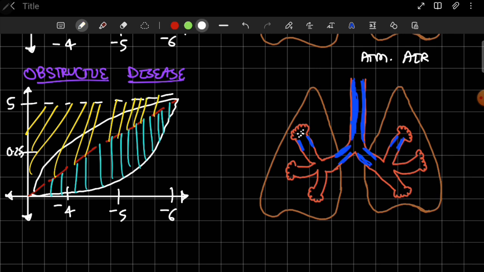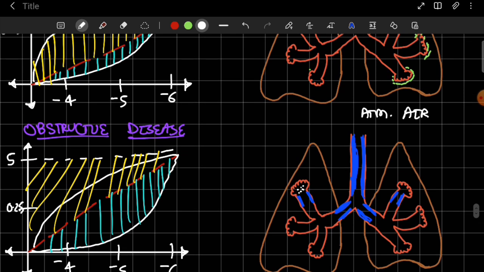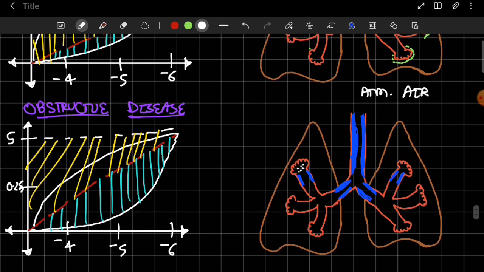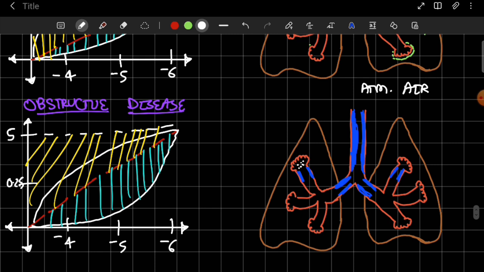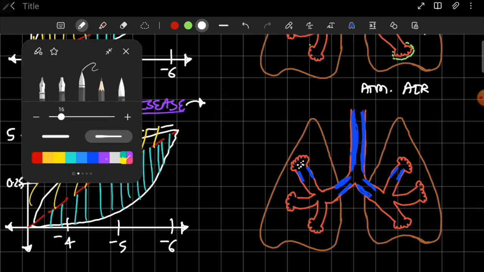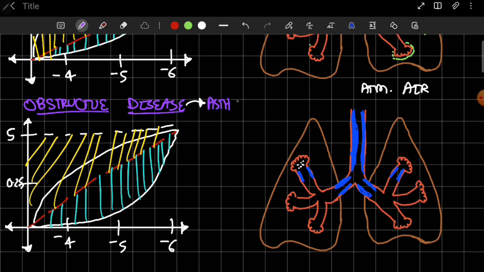So how can we differentiate between restrictive and obstructive diseases clinically? If there is some lung disease and a patient comes to you, we can give him asthma pumps. Obstructive disease includes asthma. If the patient has asthma, he will not be aware of what is obstructive disease and what is restrictive disease. So how will you differentiate?